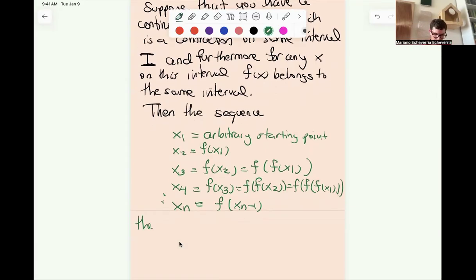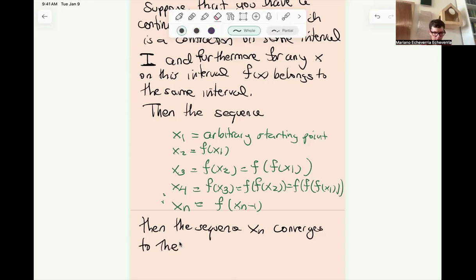Then the sequence converges to the unique... well, let me write it like this.